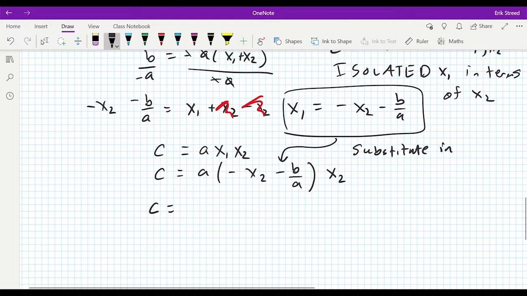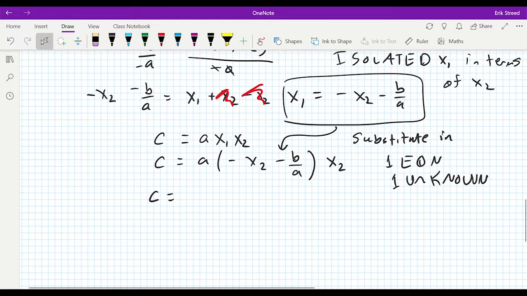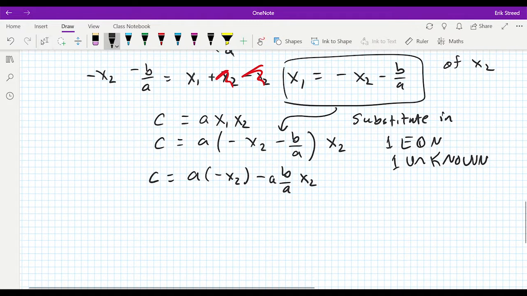So now we've got one equation and one unknown. All right, we've got this sucker on the run. It's all good. So what do we got? We've got A times negative x2 minus B over A times x2. Let's simplify this out. We've got C is equal to negative A. Oh, almost forgot the other x2 there.